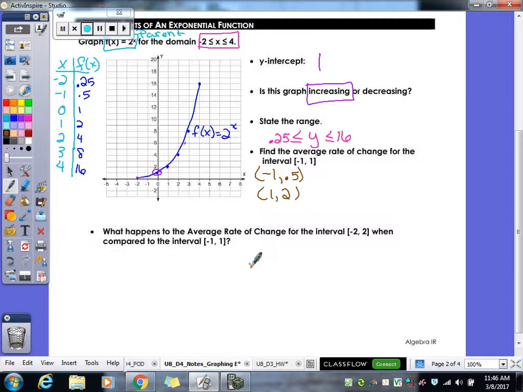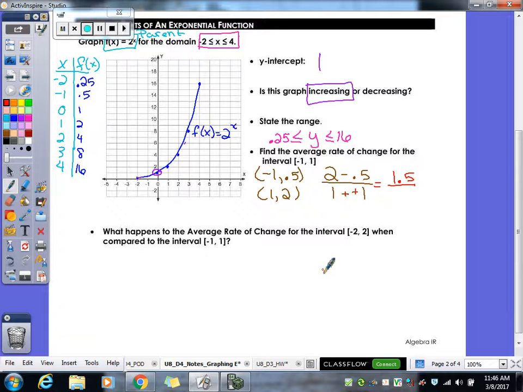So you have to get your 2 points first, and then we use our slope formula. y2 minus y1 over x2 minus x1. So 2 minus 0.5 over 1 minus -1. So 2 minus 0.5 would give us 1.5.